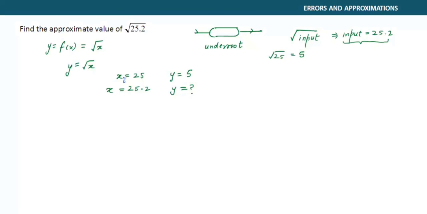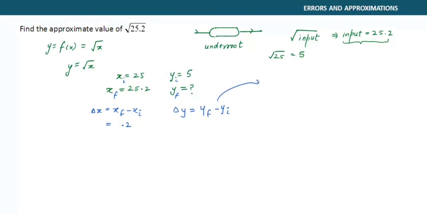Let me call this the initial value of x and the initial value of y, and this the final value of x and final value of y, and we need to find the final value of y. Can you tell me what will be delta x? Delta x is nothing but x final minus x initial. So you have changed the input by 0.2. Then I can find delta y. Delta y will be y final minus y initial.